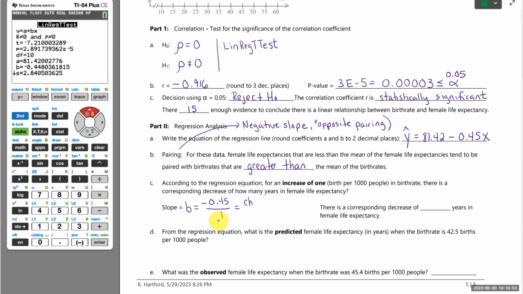So the numerator is the change in lifespan or life expectancy. Just abbreviate here. That's the change in Y, change in life expectancy, and the denominator is the change in X, and our X represents birth rate.